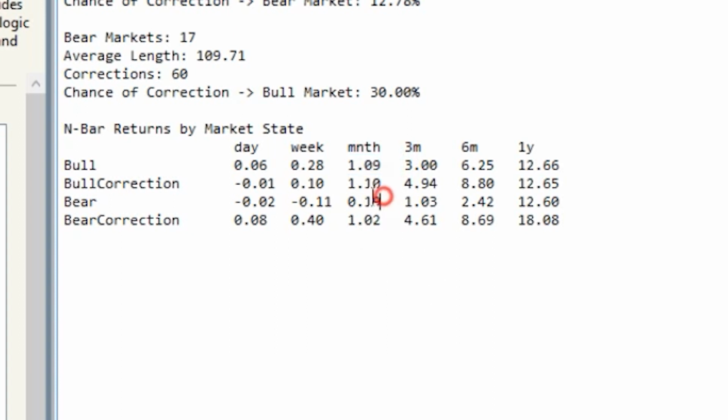Though it was interesting that the average monthly return was still positive. It was only on the weekly scale that the average percentage return after 1 week was negative in a bear market.